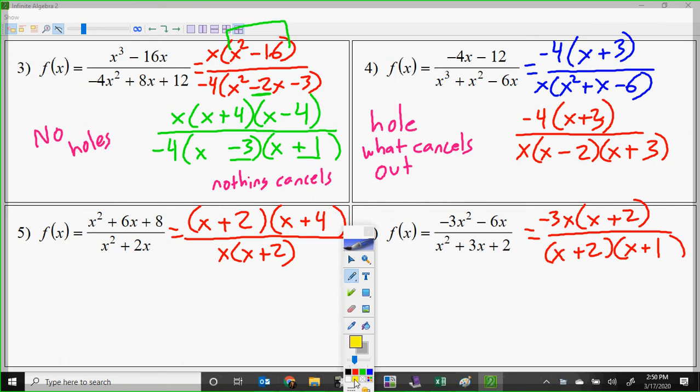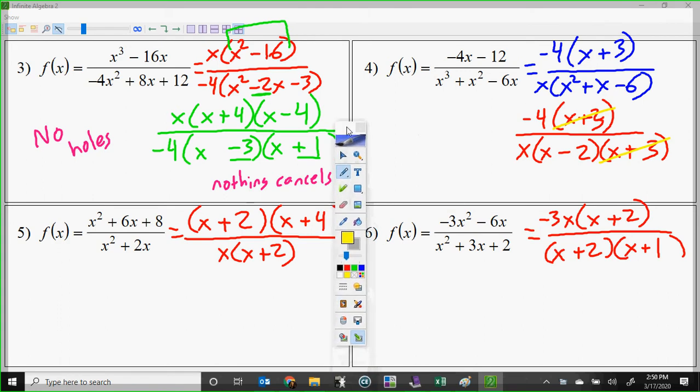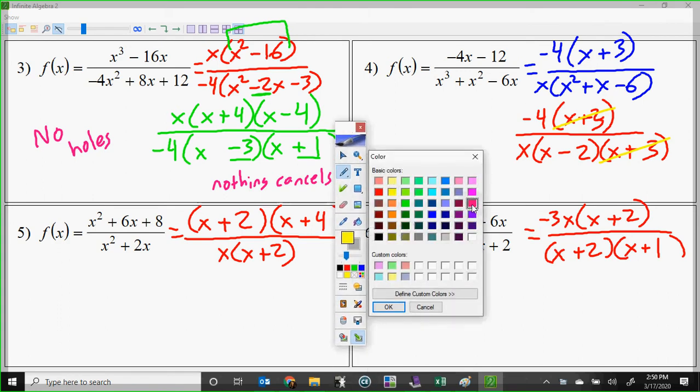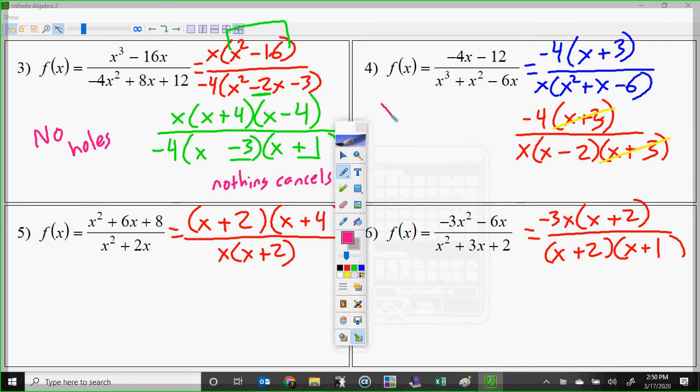Let's move on. What about number 4? In number 4, I have an x plus 3 in the top and an x plus 3 in the bottom. I can cancel out that x plus 3. Because I canceled out an x plus 3, that means I have a hole when x plus 3, which is what I just canceled out, equals 0. How do I solve that?